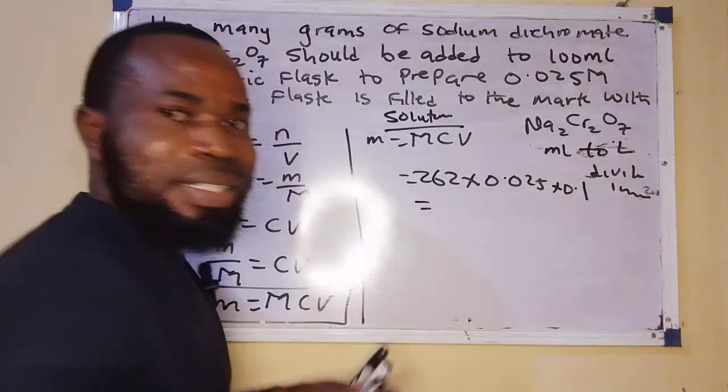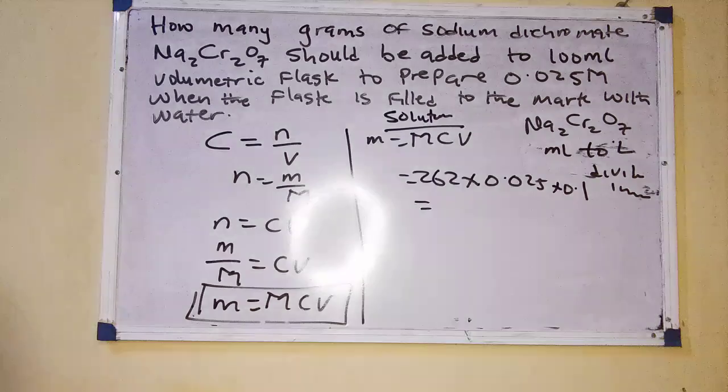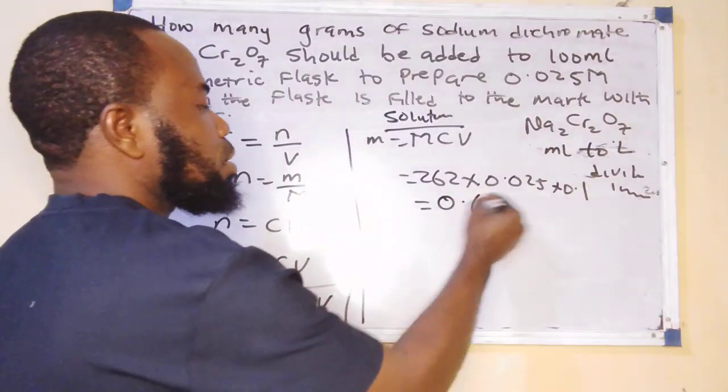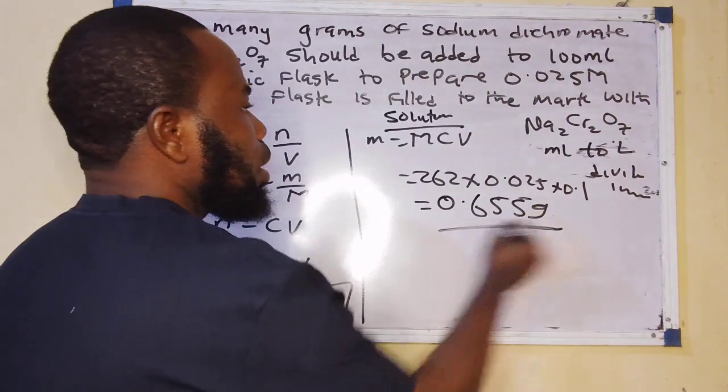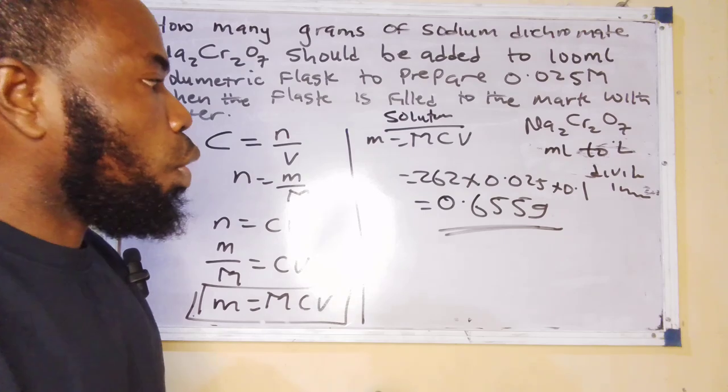So if you put this into your calculator, you are going to have 262 times 0.025 times 0.1. You are going to arrive at your answer, and your answer will be 0.655 grams. Now that would be your answer.